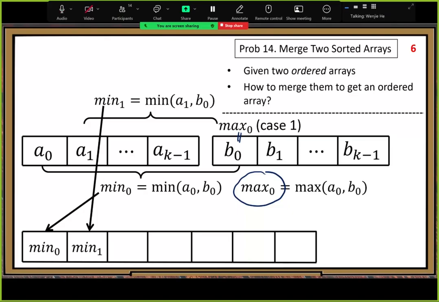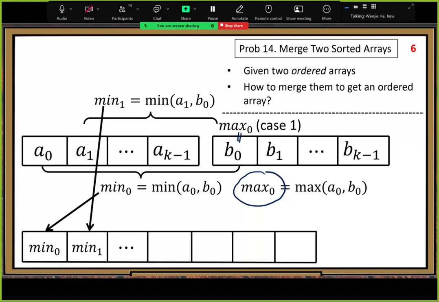If max 1 happens to be A1, then the next elements to compare are A1 and B1, and so on. If you do comparisons like this, every time you do one comparison, you can put one element in place. That's simple.